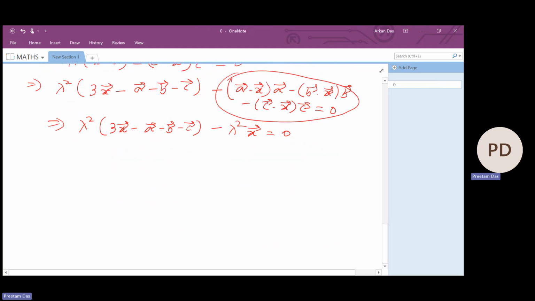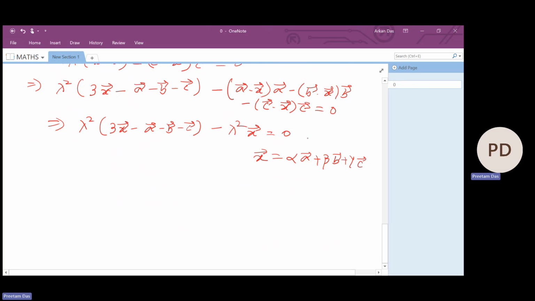How to find that this thing that I have circled is equal to lambda square x? Now A, B, C are three mutually perpendicular vectors, so that means x vector, any random vector x, can be always expressed as a linear combination of A, B, C. So assume it to be alpha A plus beta B plus gamma C, and then try to find the value of alpha, beta, gamma by taking dot product on both sides.